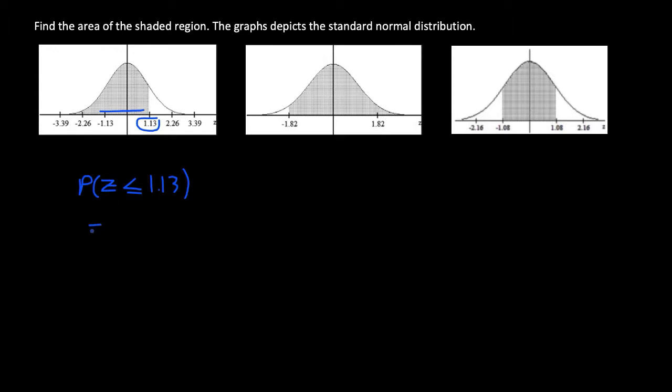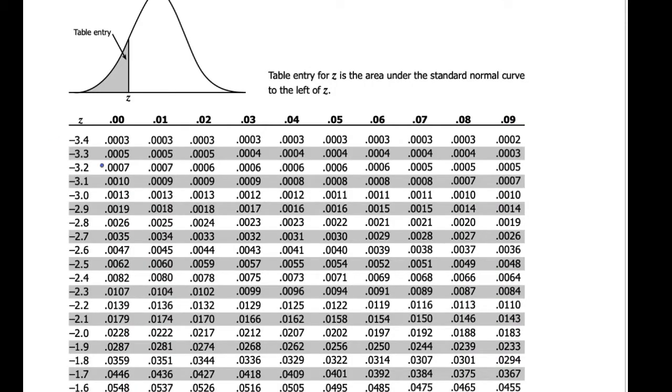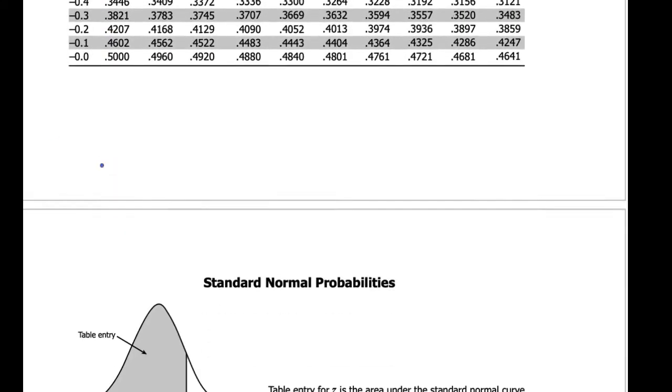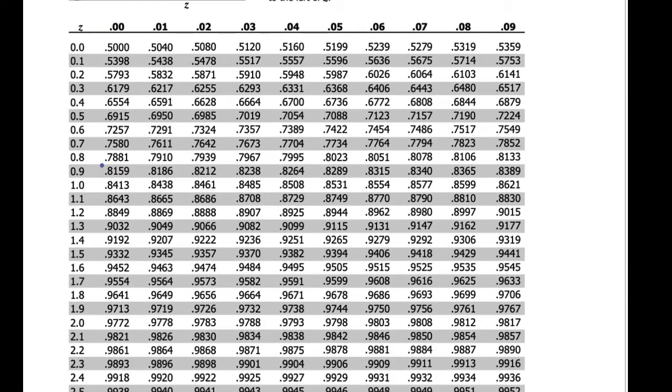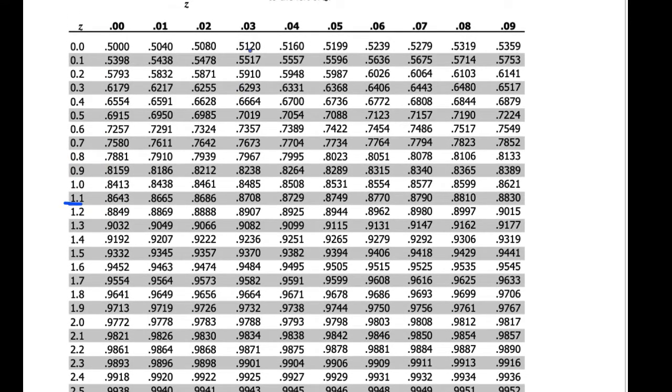How do we find this area? Okay, now we need to use the z table. Z less than or equal 1.13. It means we should find the 1.13 positive. So 1.1 is here. You see that? So 0.03 is here.